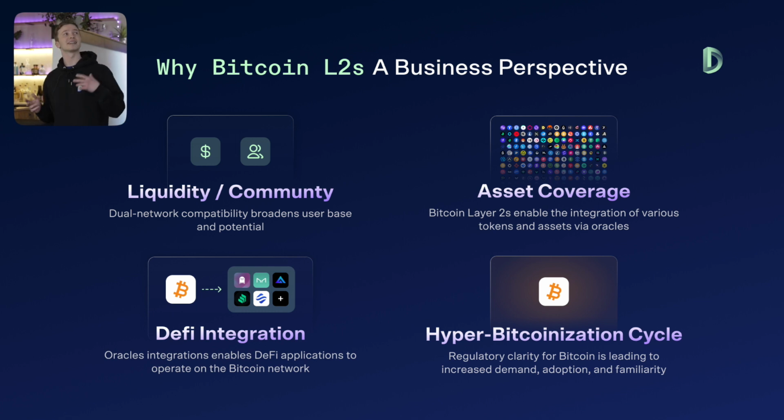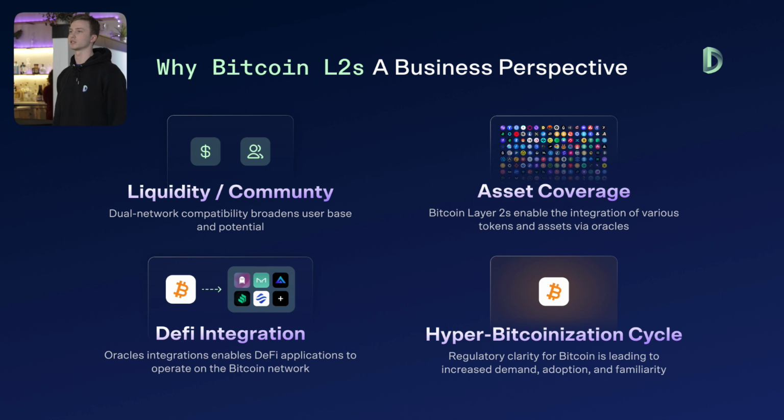Second to Bitcoin's liquidity and community, we have what I would argue is the EVM community and liquidity. For the first time ever, and what's really exciting from a business perspective, we see the opportunity to combine, collaborate and utilize both of these communities, both of these user bases.